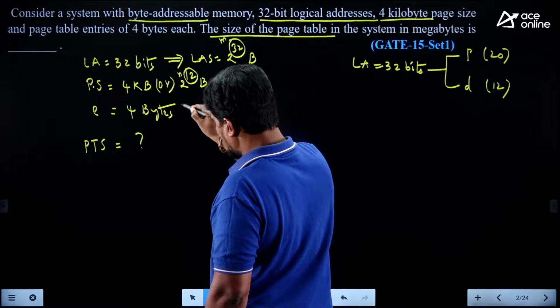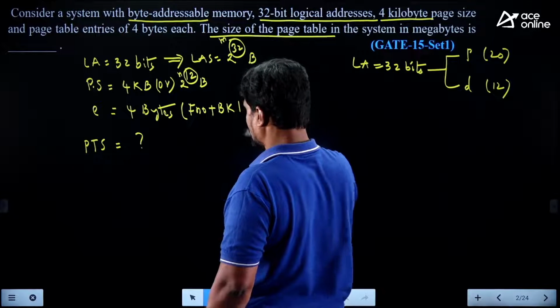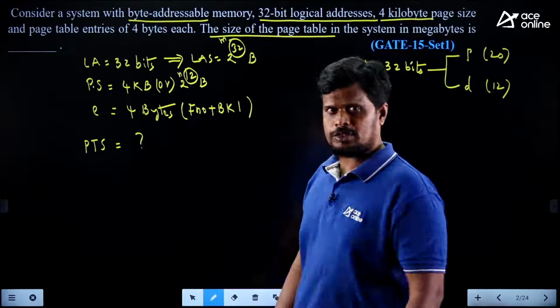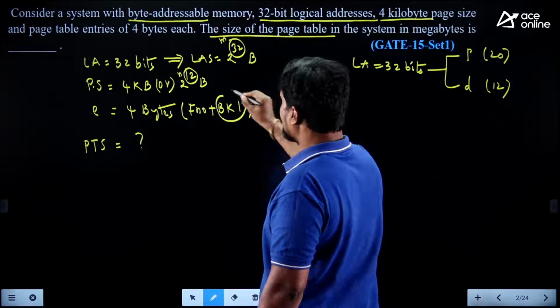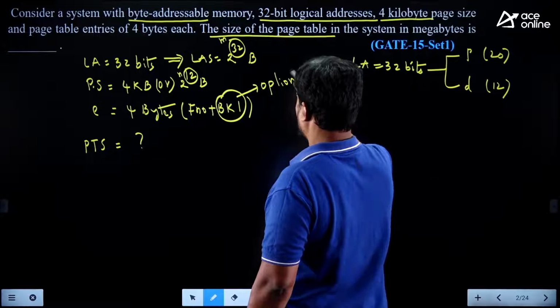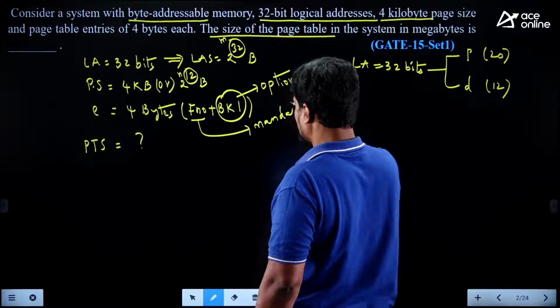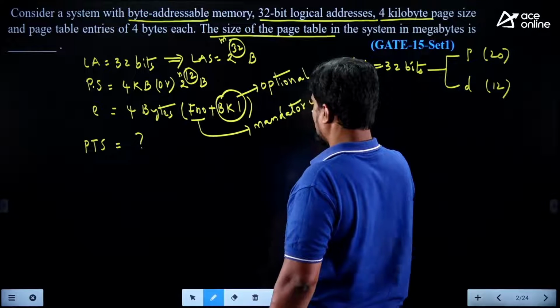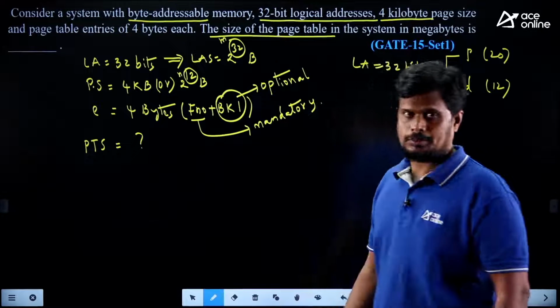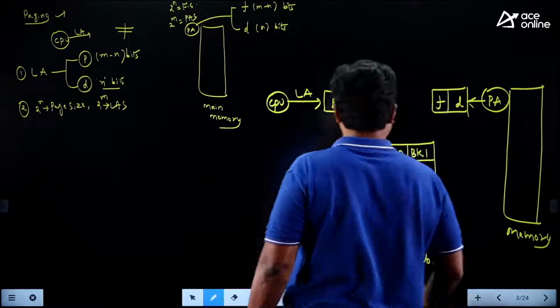It means indirectly it has given the frame number plus bookkeeping information, but according to the paging concept, bookkeeping information is optional, but the frame number is mandatory. Right? So now verify here.